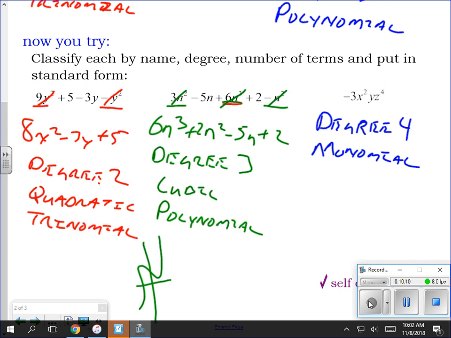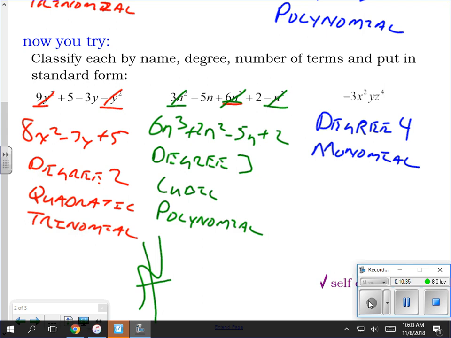So if I have more than one term, let's say I have x's and y's together. If I have an x squared and a y, x goes first. I put that in standard form first, and then the y's fall where they may. It's always alphabetical order, largest power of the one that's alphabetical first.